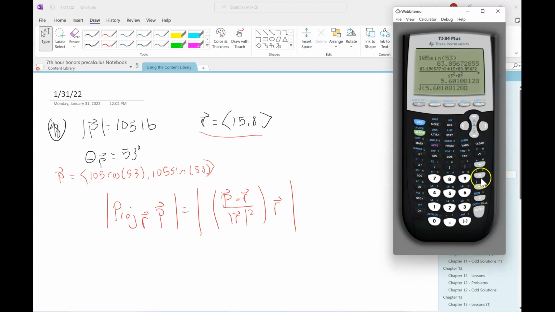So it's going to be this number times 15. And then because I'm taking the magnitude, I'm going to square it, plus this number times 8. And again, because now we're doing the magnitude, we're going to square it. And I notice that's all under the square root. So I get 95/22.